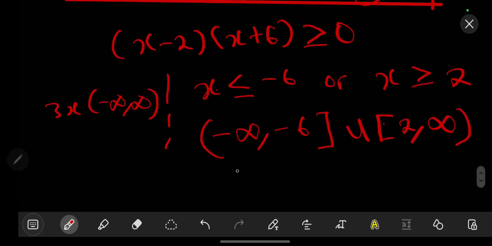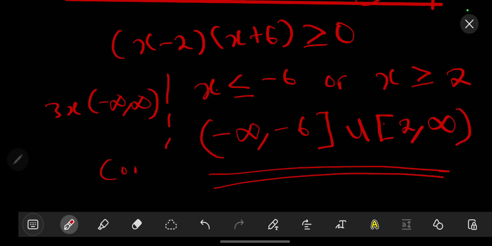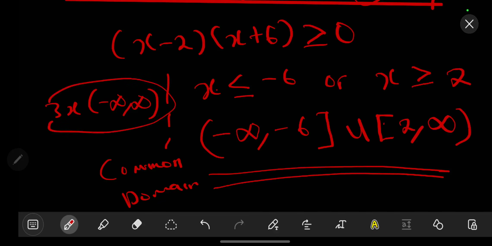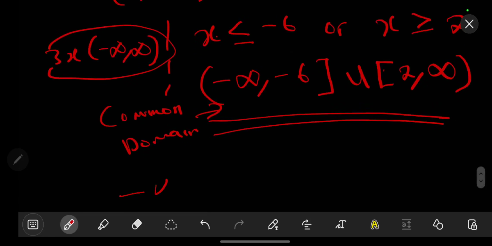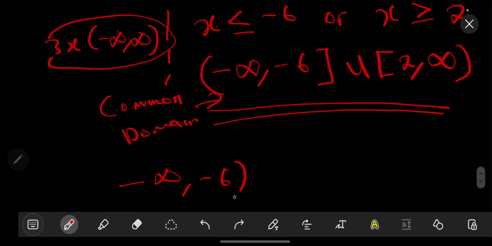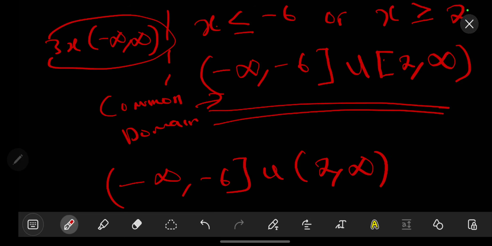So this is the answer, which is also known as the common domain, because this one does not have limits, meaning even this is a part of this solution. So the common domain is this, which is our answer. If you are to answer, it's negative infinity to negative 6, just as we wrote, then we have union of 2, positive infinity.